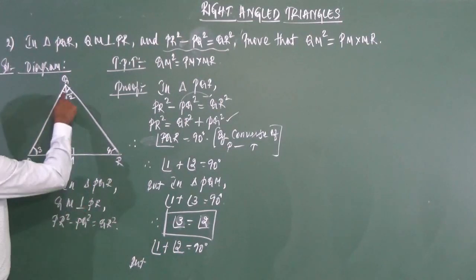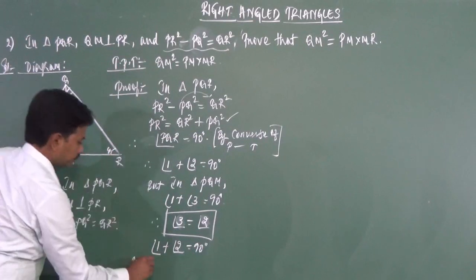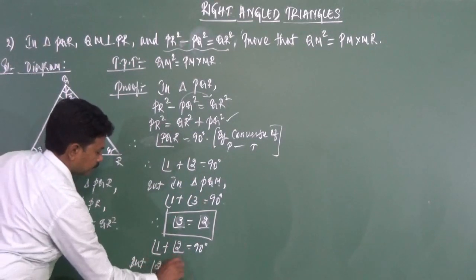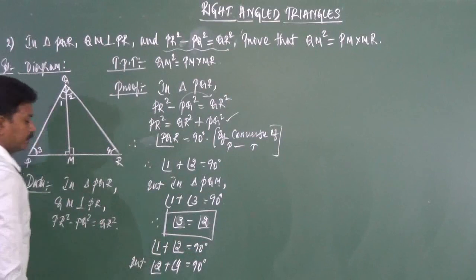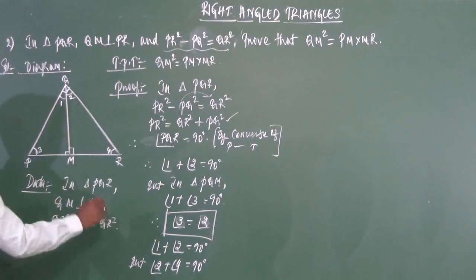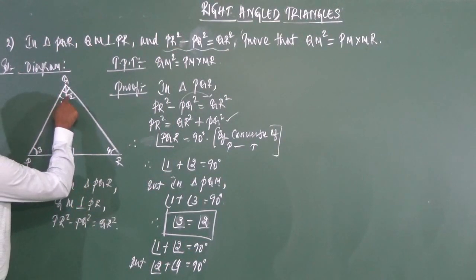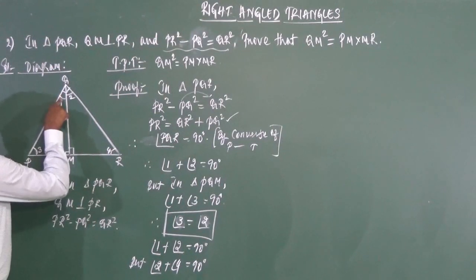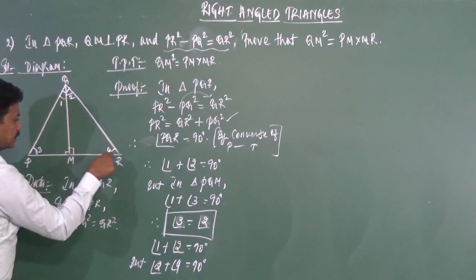So therefore angle 2 plus angle 4 is equal to 90 degrees.